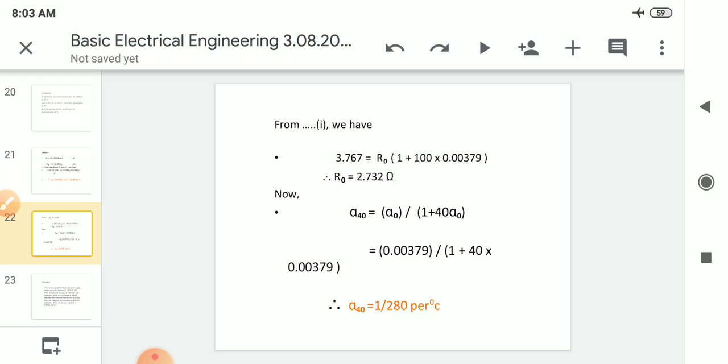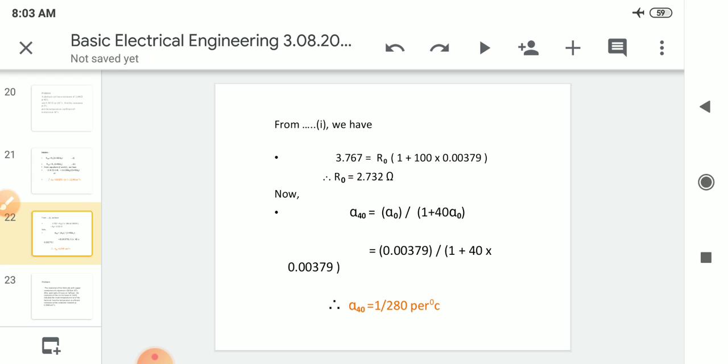So here, substitute this value of alpha naught, what we are finding here, and T and R100, that data they are given as 3.77. We substitute all the values, we are getting R naught here.